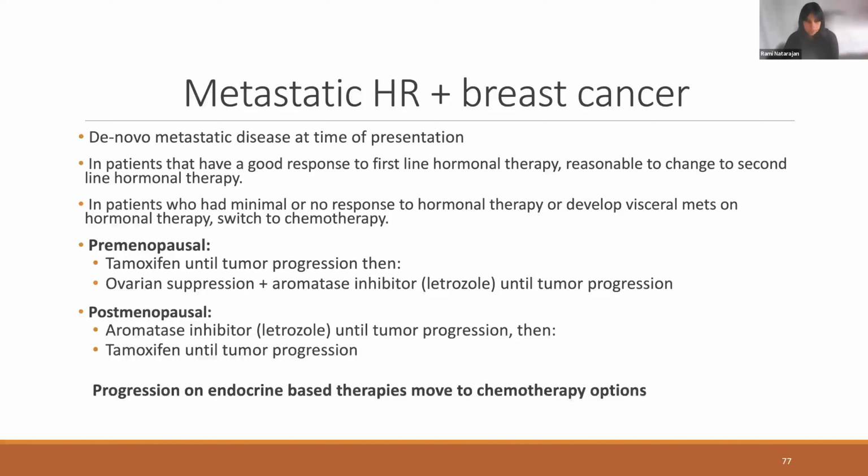For postmenopausal women, we can use aromatase inhibitor until progression and then tamoxifen, assuming that they had a decent response to first-line hormonal therapy. And if there's any indication that the patient is no longer endocrine sensitive, like they're progressing rapidly, then it's best to move on to chemotherapy options.